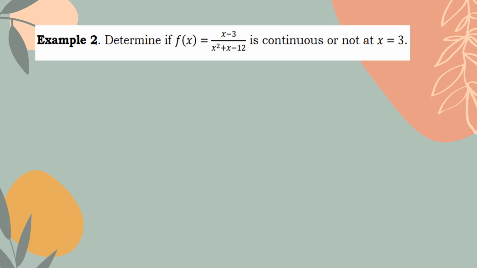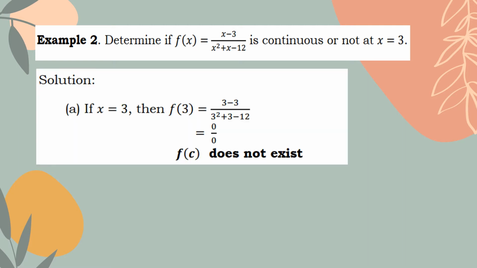Okay, so let's have example 2. Determine if f of x equals x minus 3 all over x squared plus x minus 12 is continuous or not at x equals 3. So we have to use the 3 conditions or the continuity test.